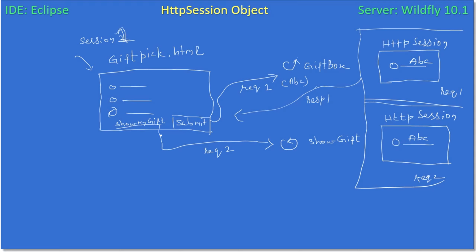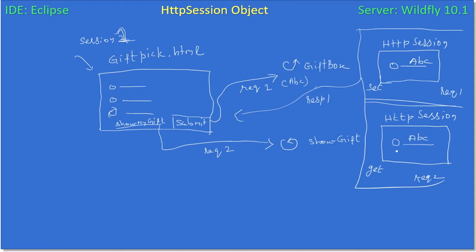On the same session, request 2 goes and the servlet will access the HTTP session. So in the previous picture we saw that whatever servlet the user accesses on a particular session, all the servlets share the same HTTP session. So we can read this information. Here we will use the setter version of the attribute, set attribute. Here we will use get attribute.